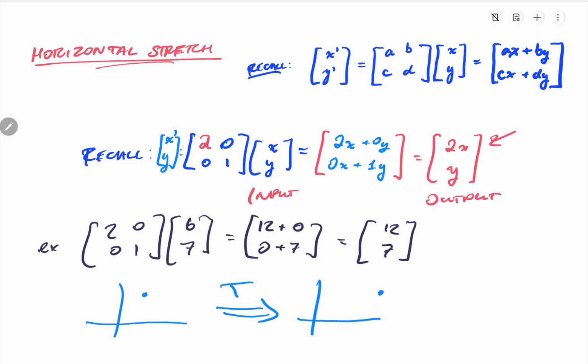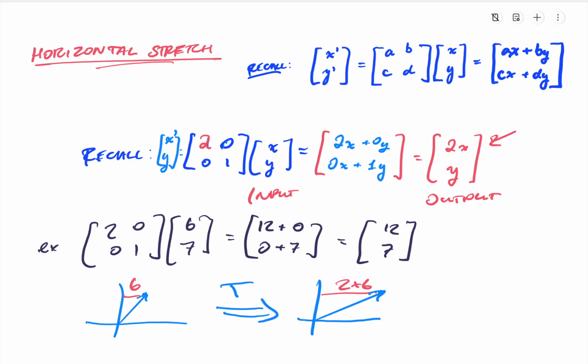Obviously, it's not really to scale, but we can see that this has been horizontally stretched by a factor of 2. In linear algebra, every point is a vector. So if you look at this, our vector has been stretched horizontally by a factor of 2.